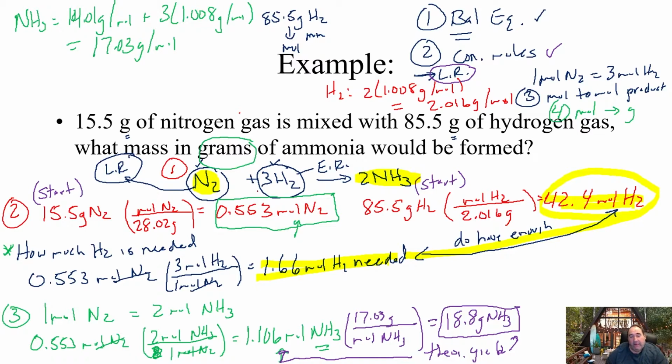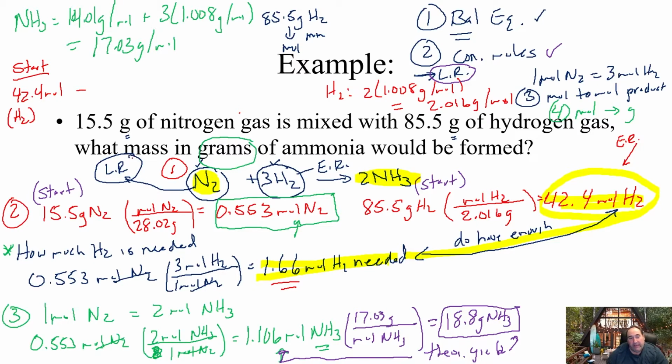Now, if we want to figure out how much of our excess reagent is left over, we know hydrogen here was our excess reagent. And we know from our calculation, we did get lucky, we did the right calculation in a sense. We know that we started with 42.4 moles of our excess H2.